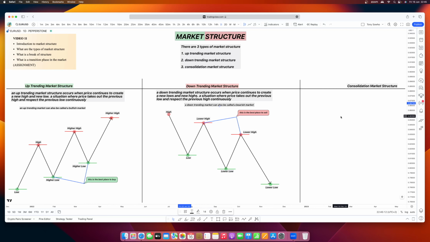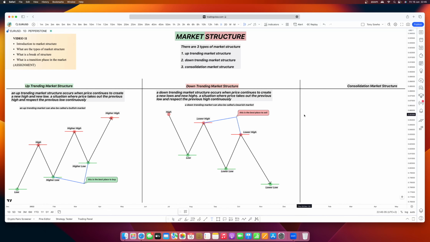But in a consolidation market, price keeps responding to the same support, and price keeps responding to the same resistance.